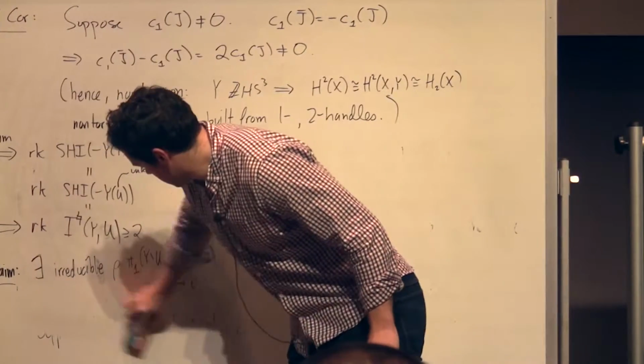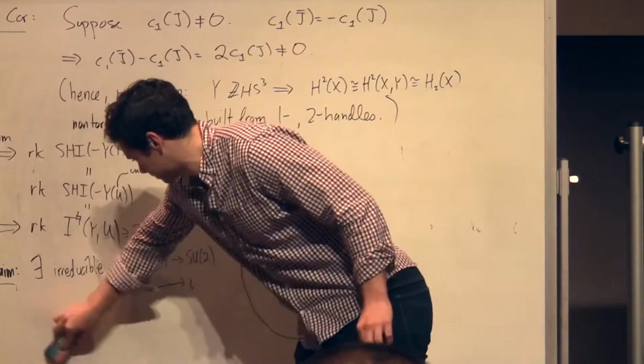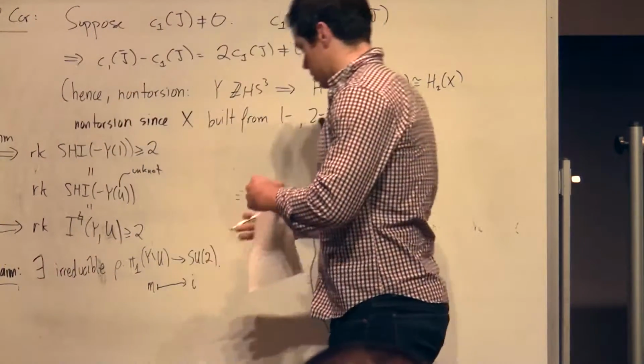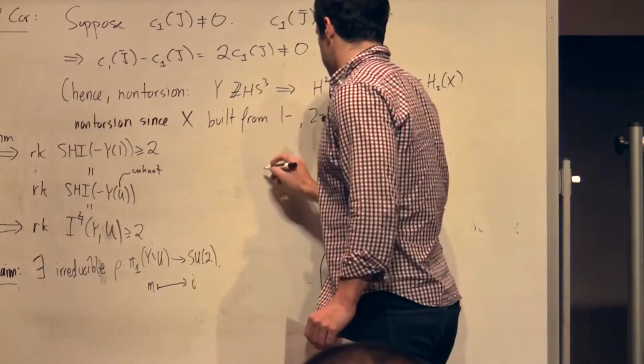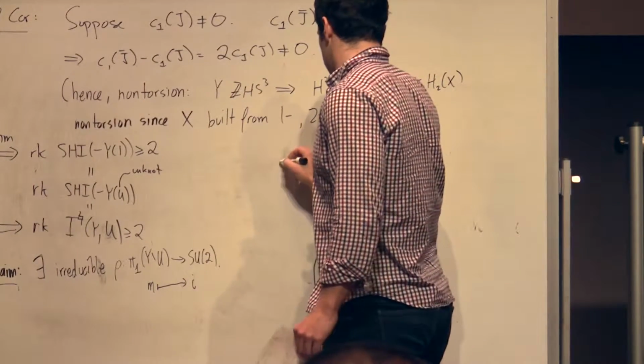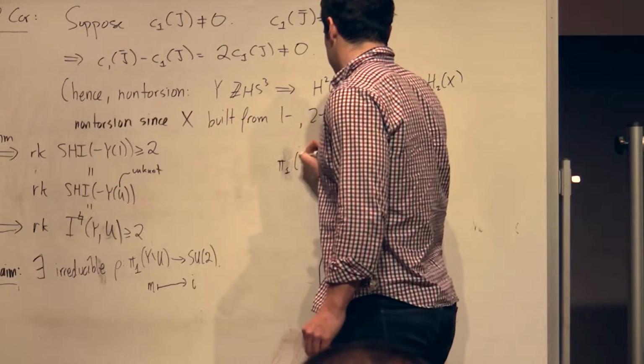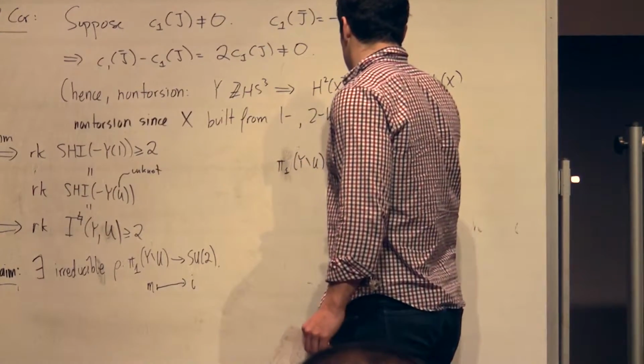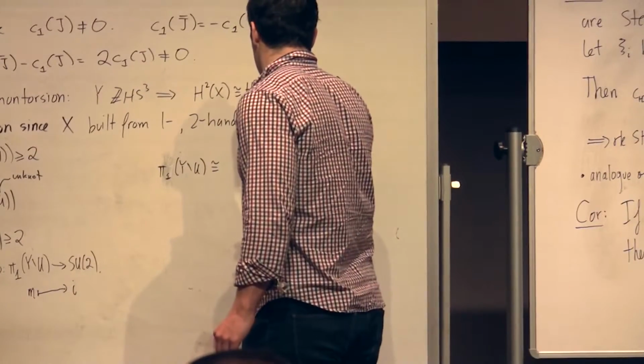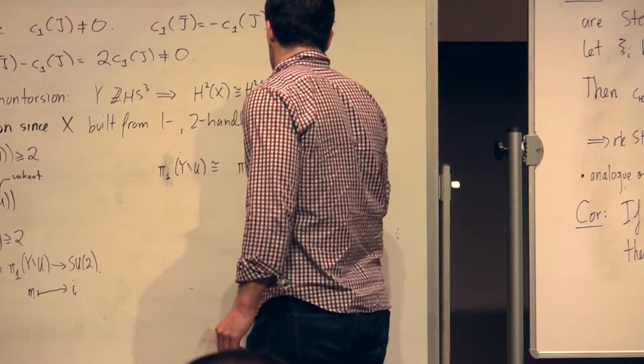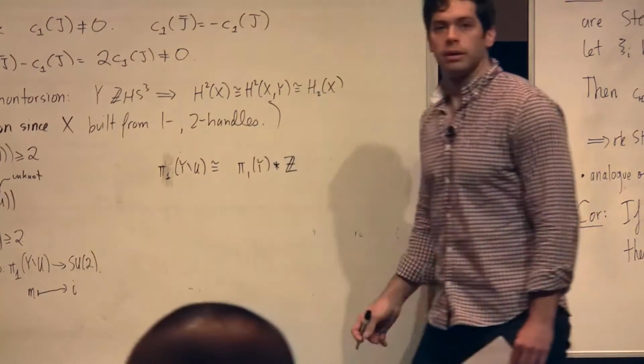All right. Well, so rho is some... what is the fundamental group of the complement of an unknot? It's just the fundamental group of Y, the free product of that with Z, right?